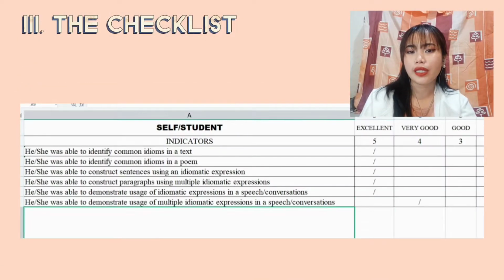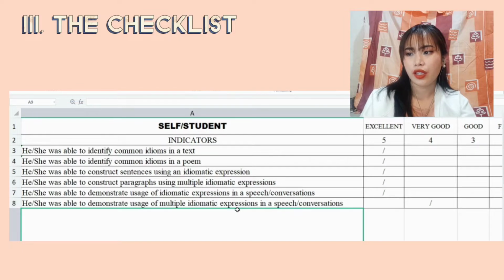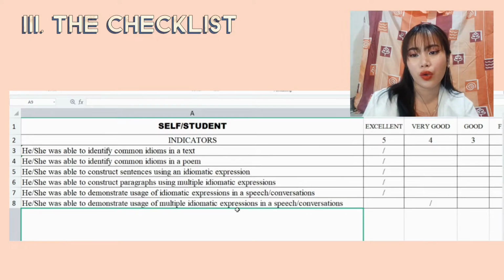So for example, this is the checklist of Chris. For the first indicator, he rated himself 5. For the second indicator, he rated himself 5 also until the 5th indicator. So he thinks that he is able to identify, construct, and demonstrate idiomatic expressions excellently.